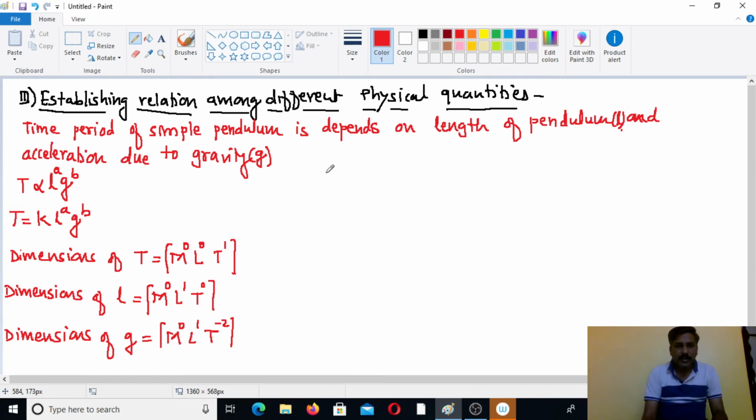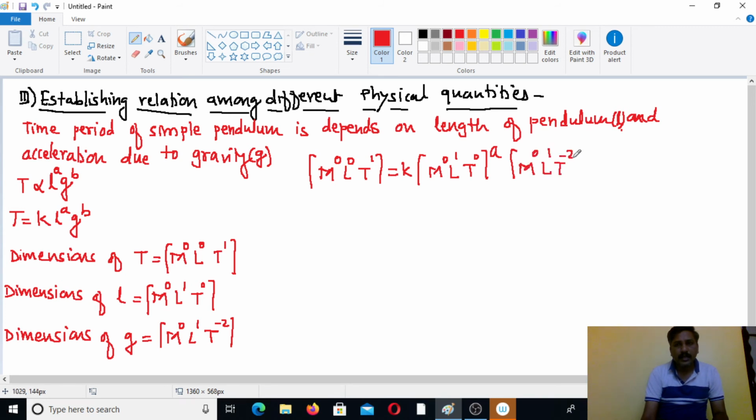So I will write in dimensions form, m raised to 0, L raised to 0, T raised to 1 equals K, which has no dimensions because it is a constant, into L, that is m raised to 0, L raised to 1, T raised to 0, raised to a, into m raised to 0, L raised to 1, T raised to minus 2. These are my dimensions of acceleration due to gravity raised to b. So now here forget the K.